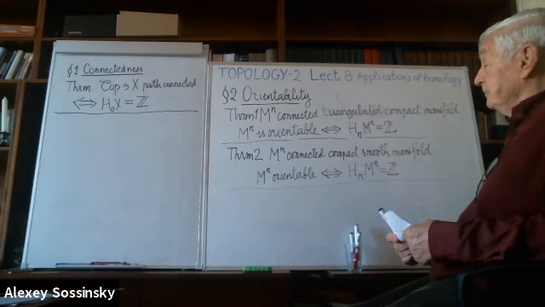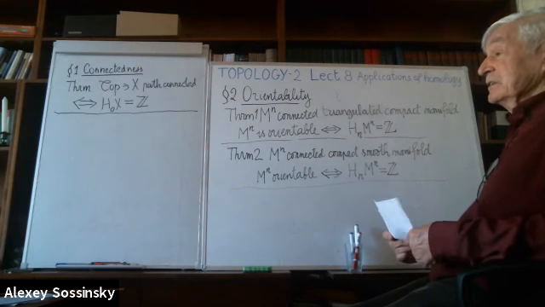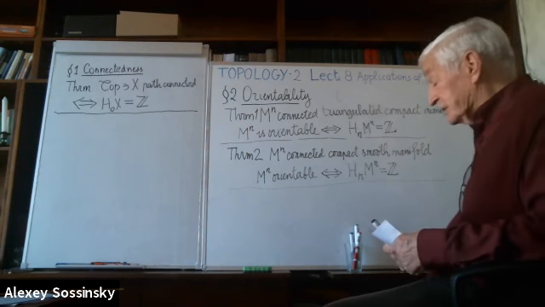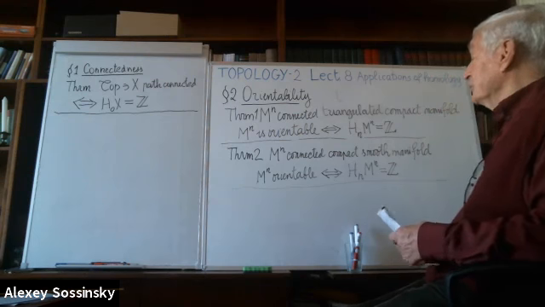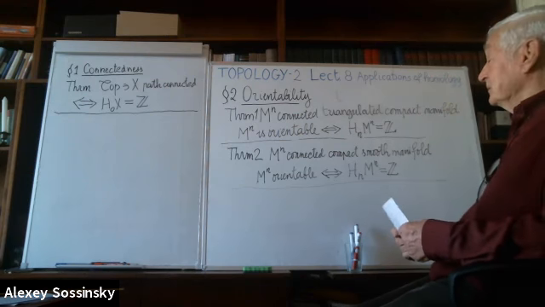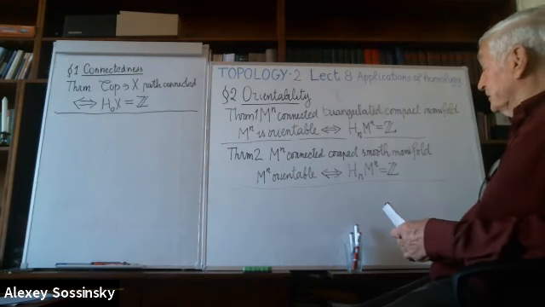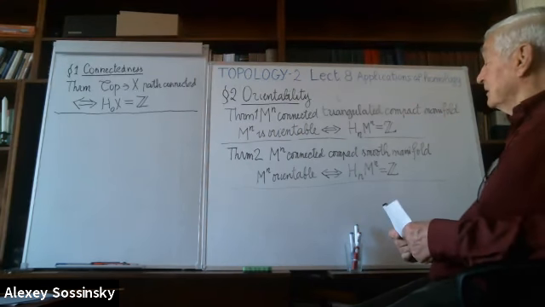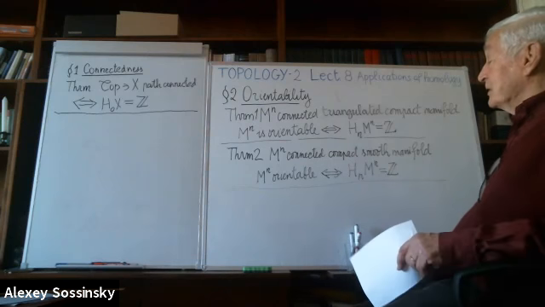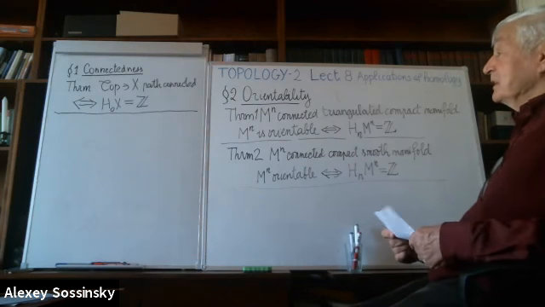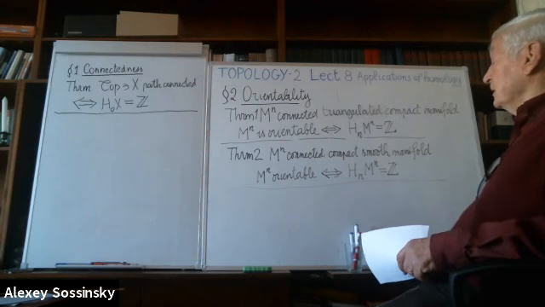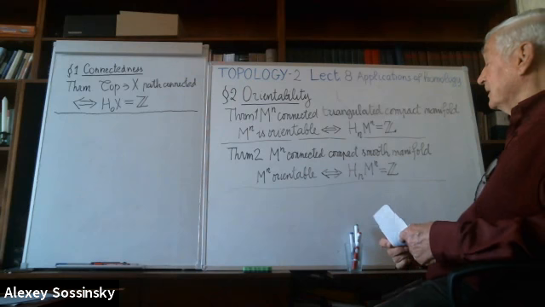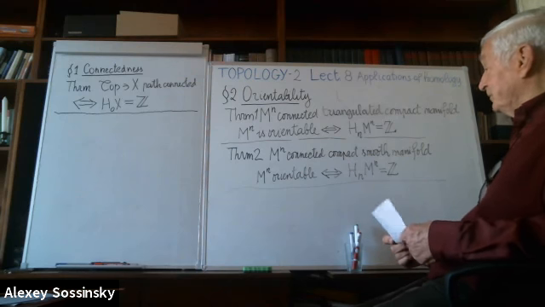Now, a transition function is called positive if its Jacobi matrix has a positive determinant. And a smooth manifold is orientable if all the transition functions are positive.